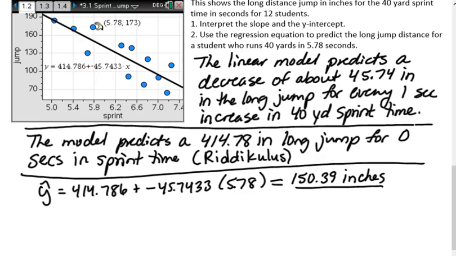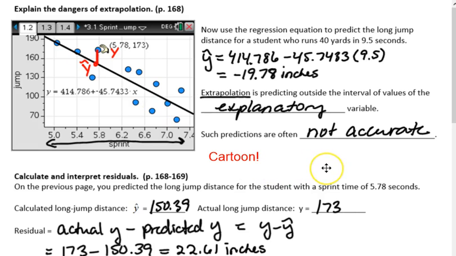Okay, going on to the next page. One thing we have to be careful of is what happens when we do something called extrapolating. So for example, let's say I wanted to predict the long jump distance for a person who ran the 40 yards in 9.5 seconds. When I do that prediction, I get a negative number, which is clearly ridiculous.